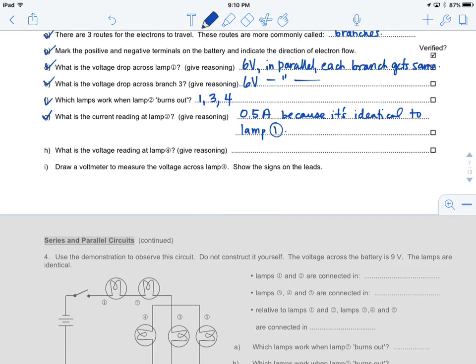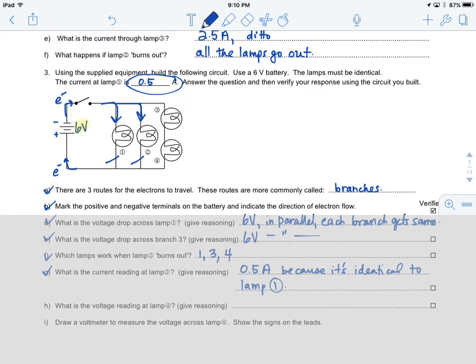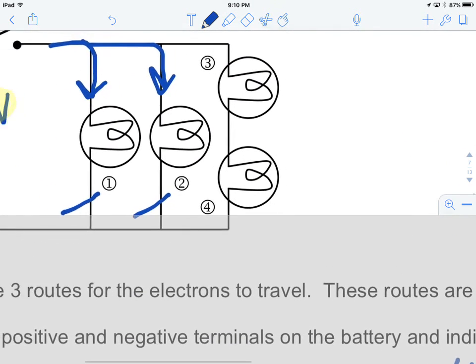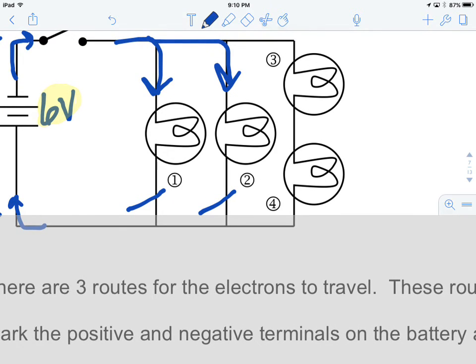All right. Next, what is the voltage reading at lamp 4? Now, many of you were very good at figuring out the voltage of these two things. So we know that this branch is going to get 6 volts. We know that this branch gets 6 volts, and this branch gets 6 volts. But these two guys are in series. So what do we do when two things are in series? Well, we have to split this up.